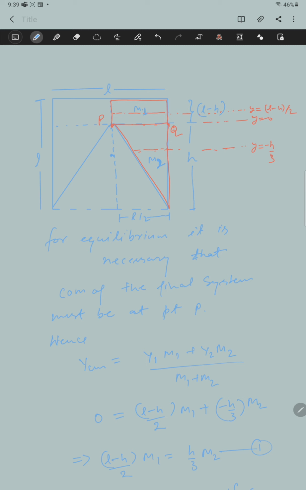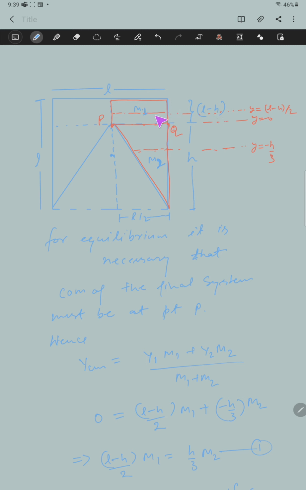So we divide this object into two parts. One is this rectangular part, another is this triangular part. This rectangular part has the length L by 2. This line is L by 2 and this line is L minus h.